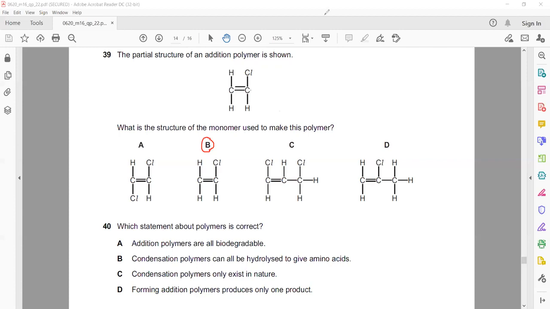The last one, question 40. Which statement about polymers is correct?